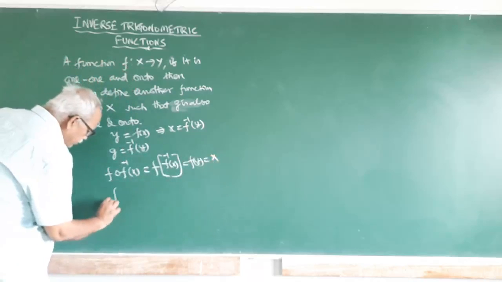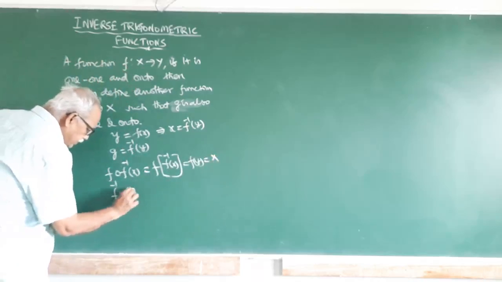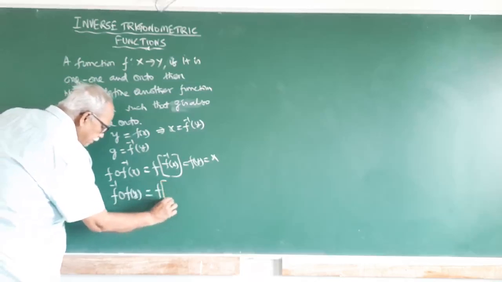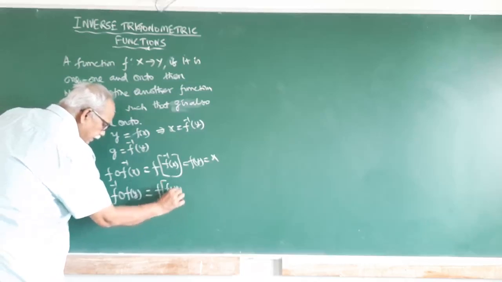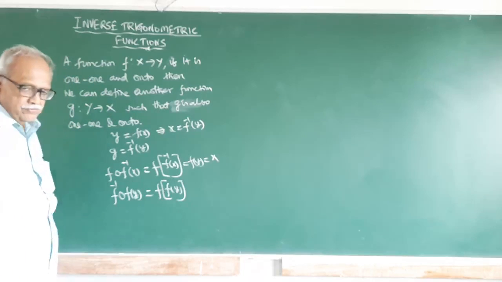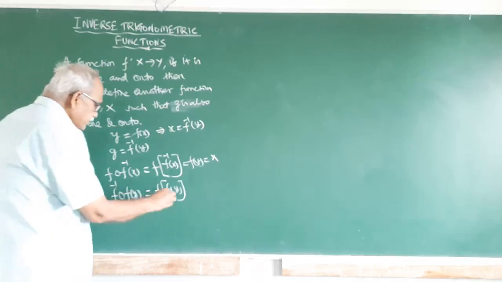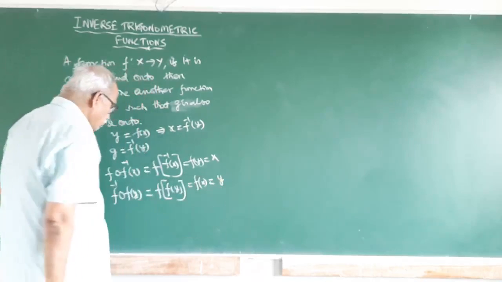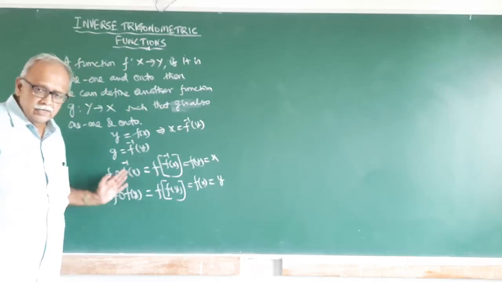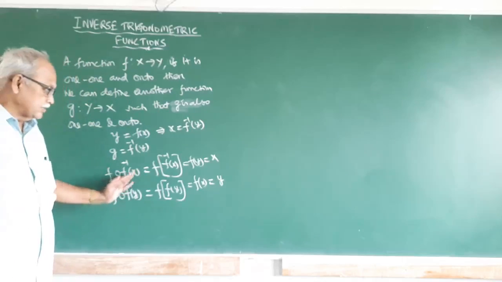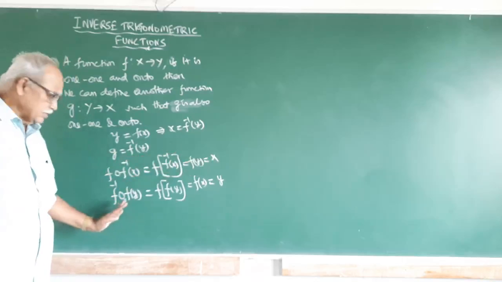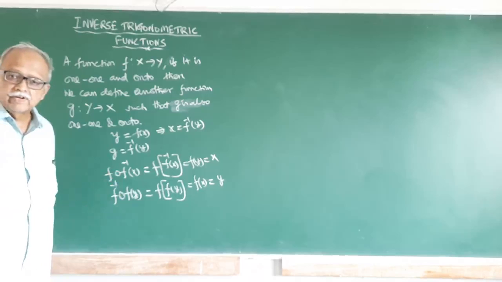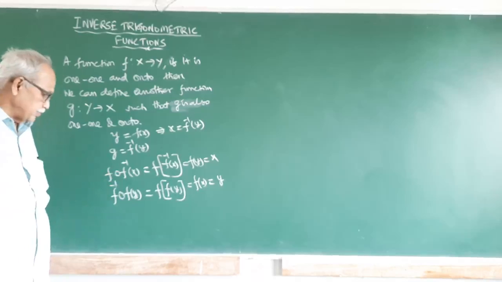Like that, one more function can be defined, f inverse of f of y, which is equal to y. So f of x is equal to y. So f of f inverse of x is equal to x, and f inverse of f of y is also equal to y. Now I will transfer this to the sine function. Let us see what happens.